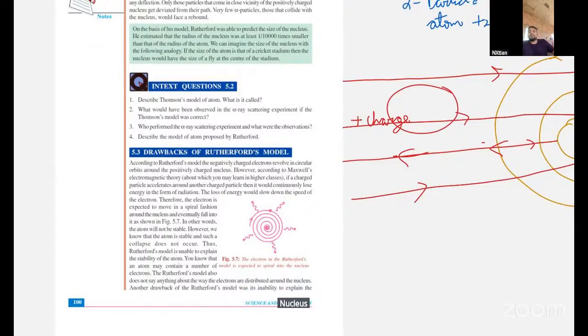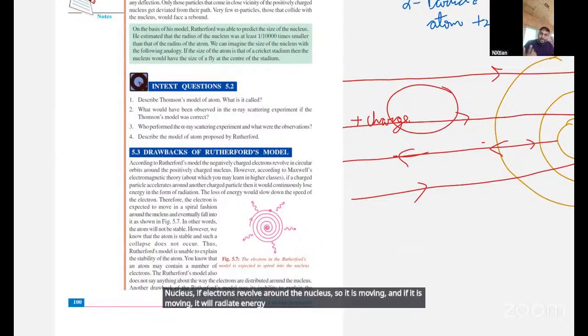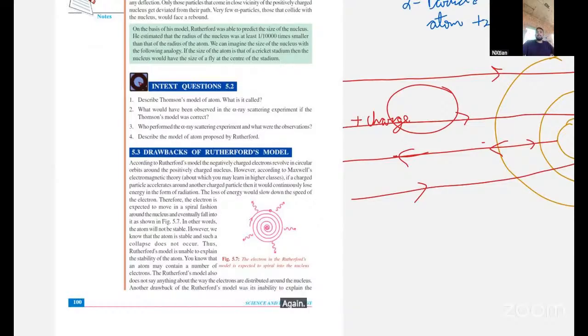If the electron revolves, it is moving, and if it is moving, it will radiate energy. The electron will lose energy and make a spiral form. The radius will shrink, and after some time it will fall into the nucleus. Again, the positive and negative charges mix up, hence the blast will happen.